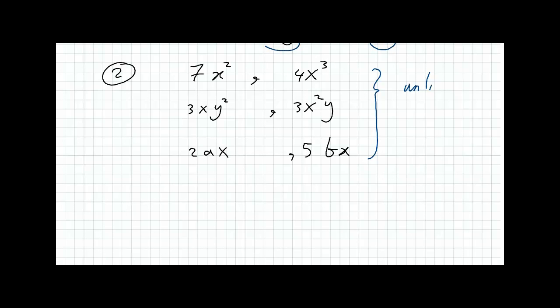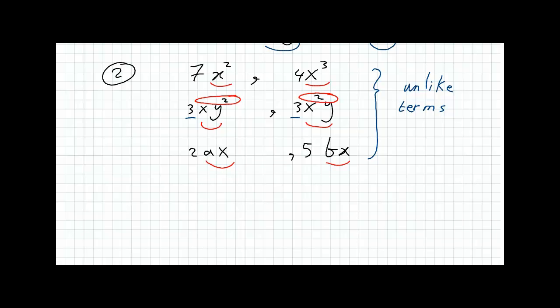But if we look at the next example, these are unlike terms. No matter that the numbers are the same, looking at the letters, there is a difference. To be like terms, you should have the same letter part with the same powers. Any difference in the letter part makes the terms unlike.